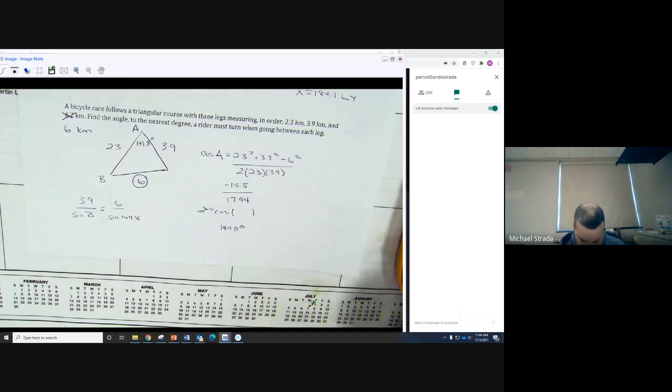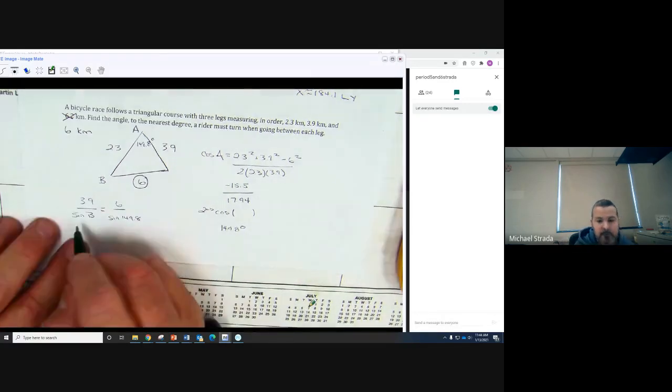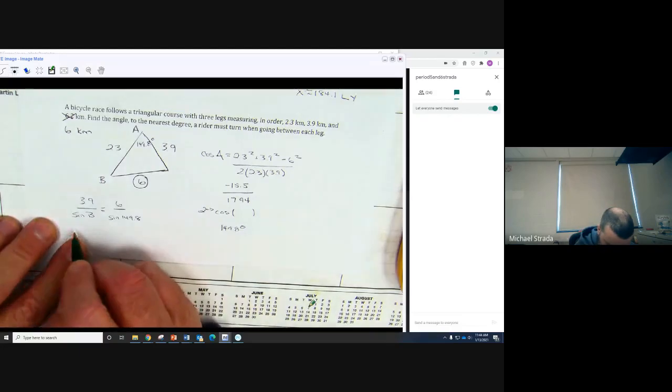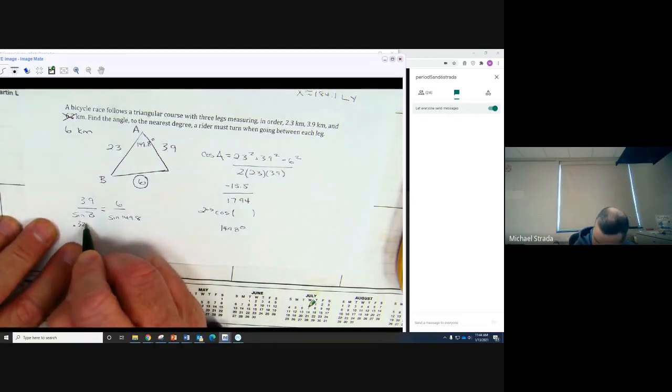Cross multiply, 3.9 times sine 149.8. I divide that by 6. Sine B comes out to be 0.3270 when I'm done rounding.